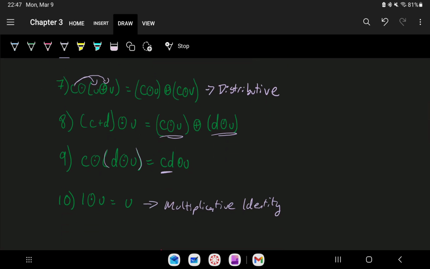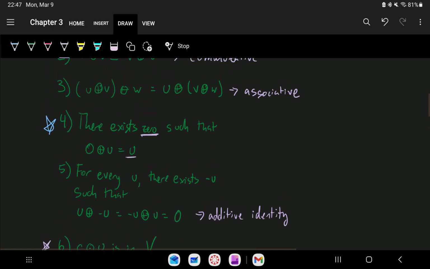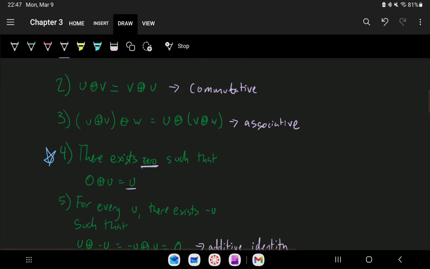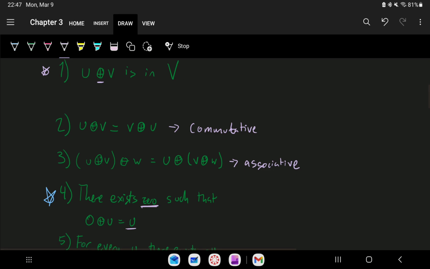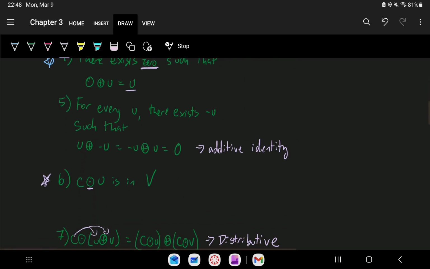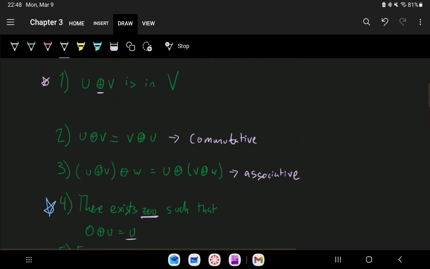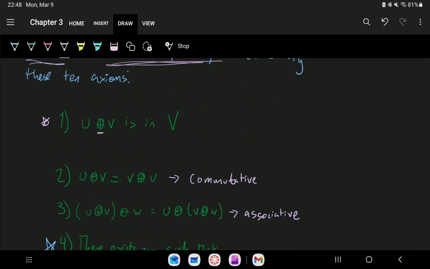The ones that we have just discussed, the multiplicative identity, the distributive property, additive and associative, commutative, whatever, these fall naturally out of these two that we haven't touched yet. These two that we haven't touched yet are called closedness properties.